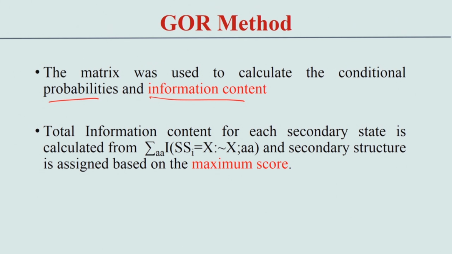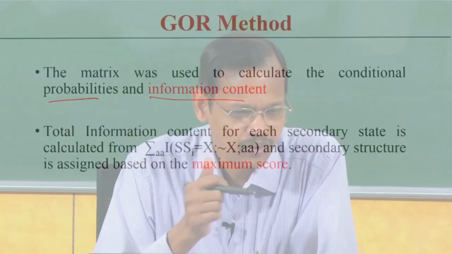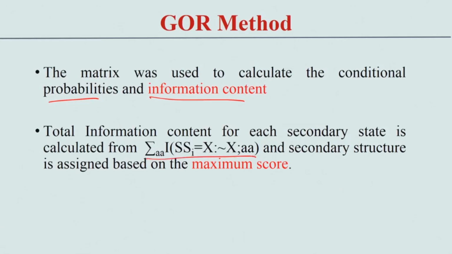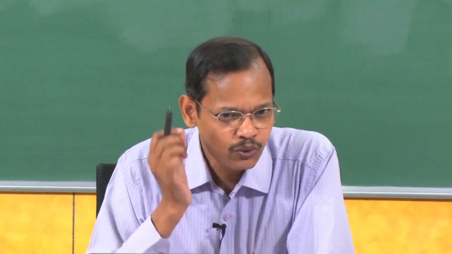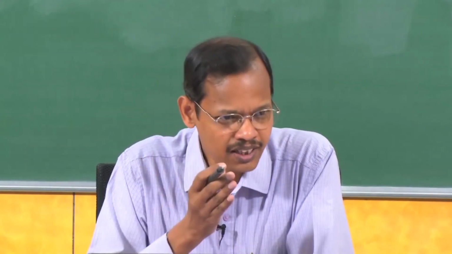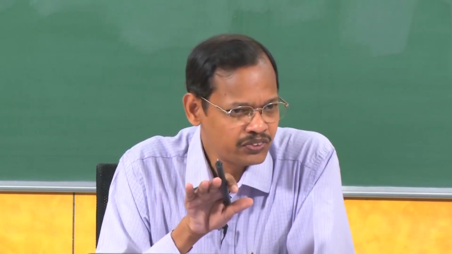Now they calculate total information content for each state. For example, take helix: they use this information, what is the preference of that particular residue to be in helix compared to not being in helix. Then do the same for strand, the same for the turn and the same for the coil.